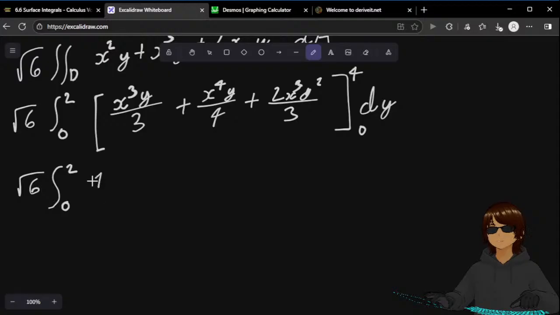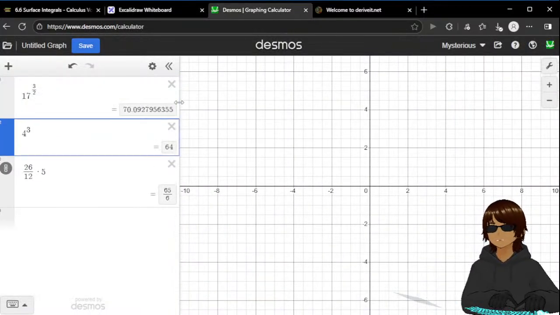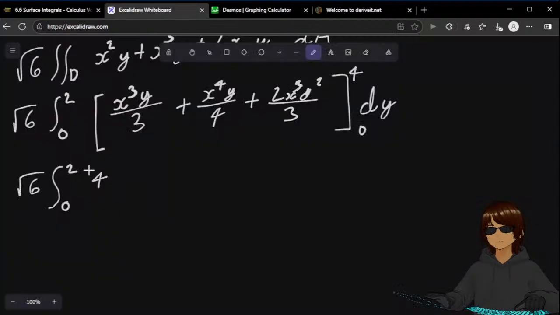When there's 4, we have 4 cubed, 64 over 3.